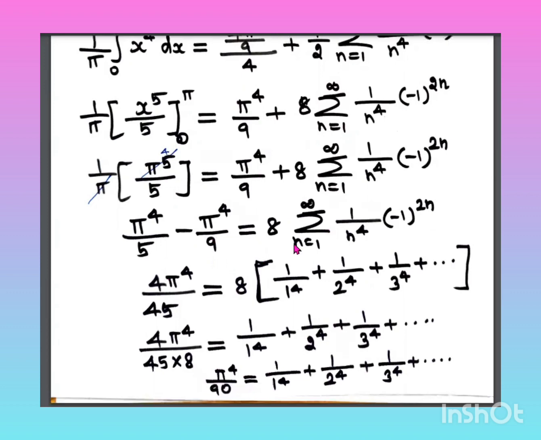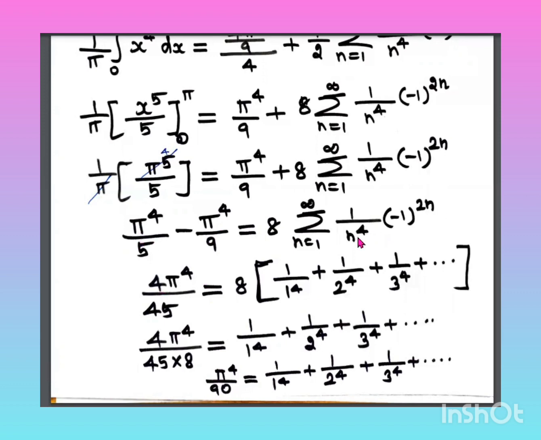Now on the left hand side you have to take the LCM. So pi power 4 by 5 minus pi power 4 by 9: 9 5s are 45, so 45 is the LCM, meaning 9 pi power 4 minus 5 pi power 4, 9 minus 5 is 4, so 4 pi power 4 divided by 45 on the left hand side. Right hand side is 8 into summation n equal to 1 to infinity 1 by n power 4 minus 1 power 2n.